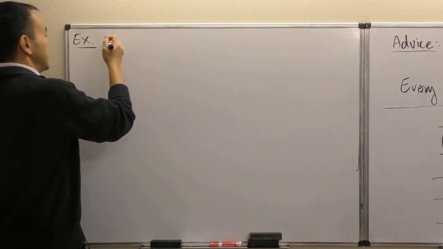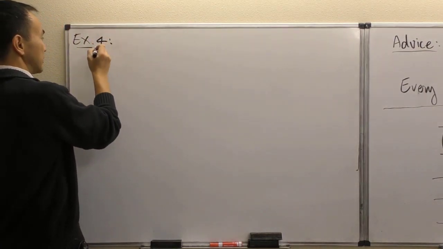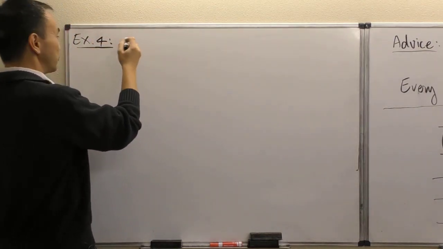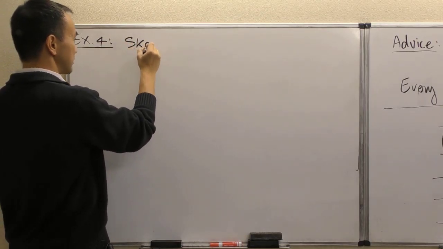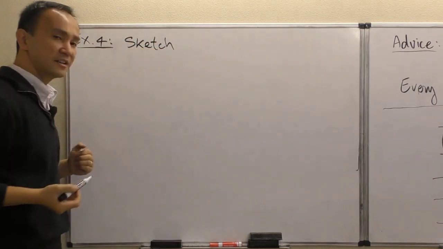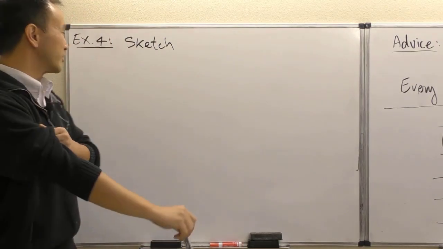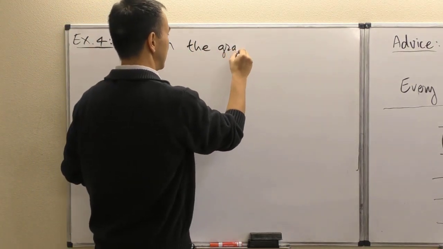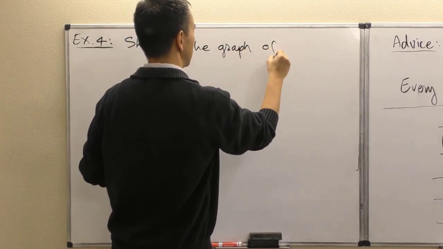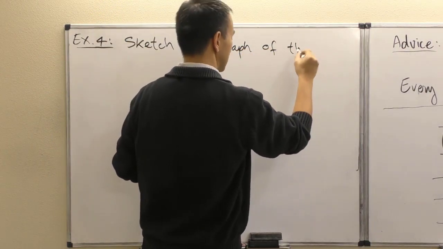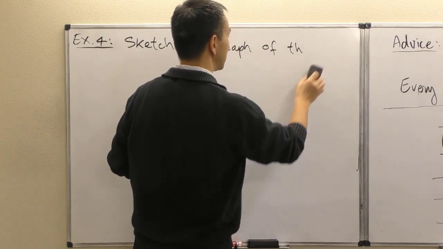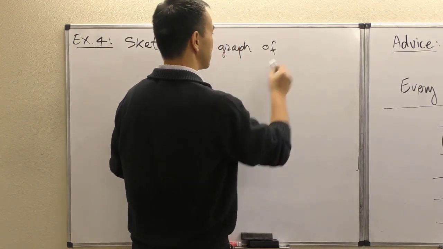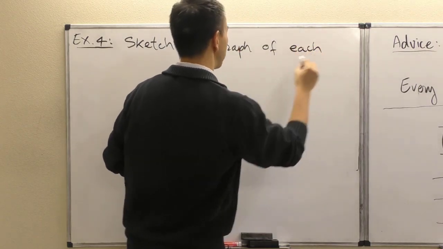Example 4: we will be sketching, entirely as a hand sketch. So we want to sketch the graph of each function.